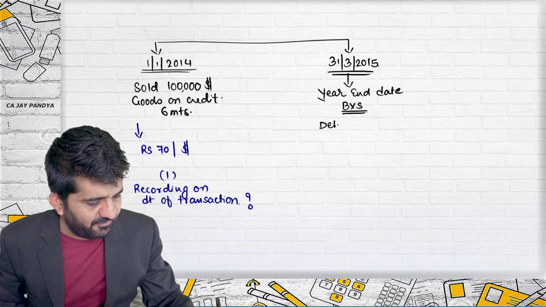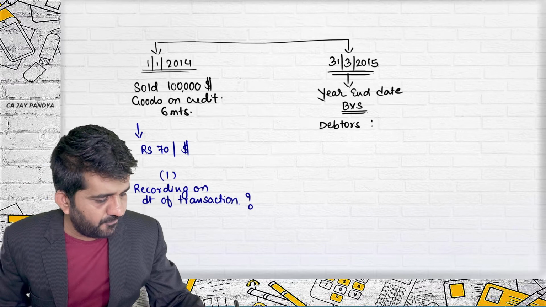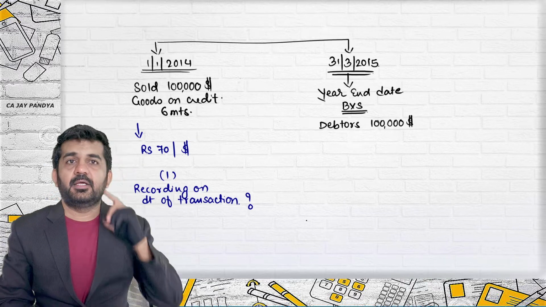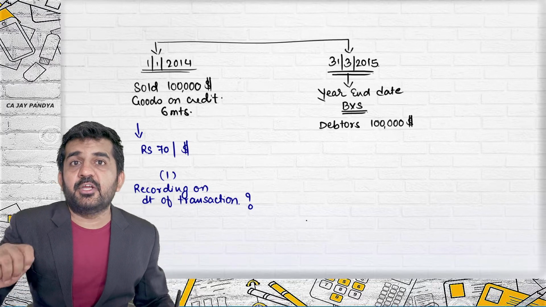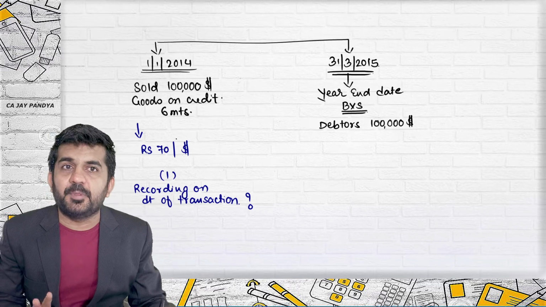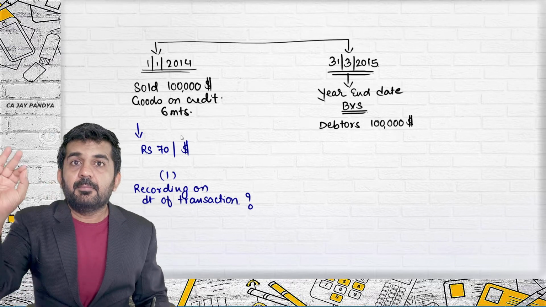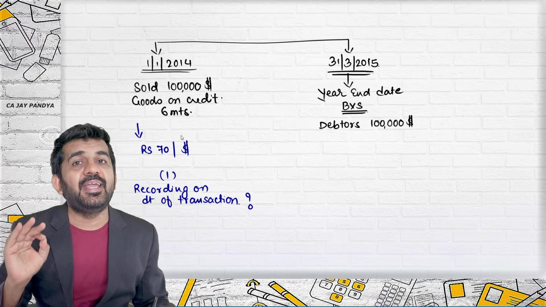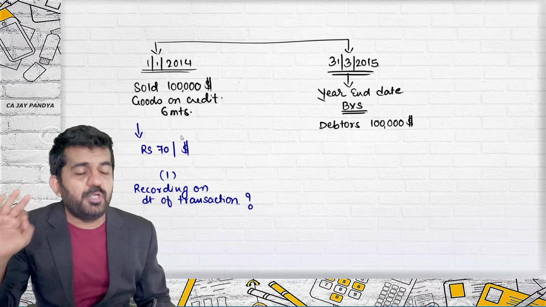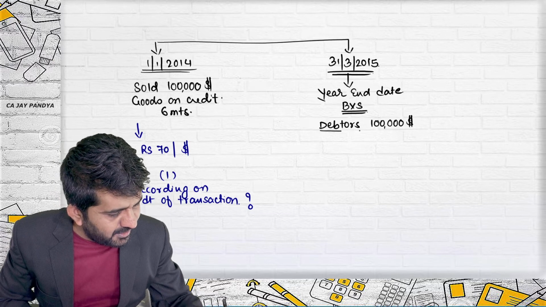So we have debtors of this $1 lakh. Sir, it was converted. Yes, I agree. It was converted at 70 rupees if it was recorded on this date. But try to concentrate. Now the debtors are not practically 70 lakhs rupees. Now debtors are practically $1 lakh.